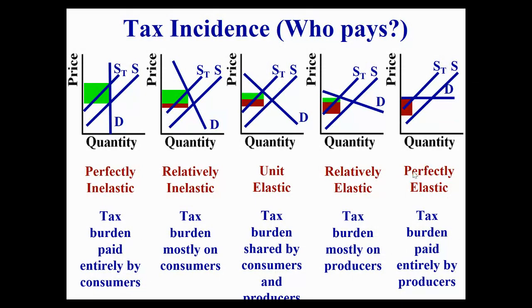If the demand curve is perfectly elastic, the burden is all on the supplier. If they're both unit elastic, we see the burden will be equal. If the demand curve is inelastic and the supply curve is unit elastic, we know the burden is to the consumer. And then over here, we can see that if the demand curve is more elastic than the supply curve, the burden is on the producer.